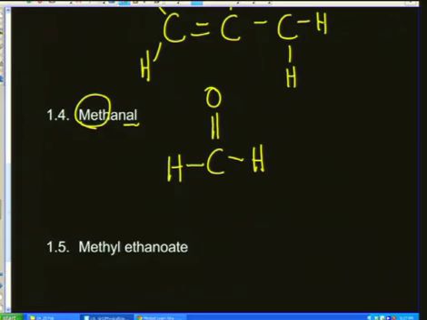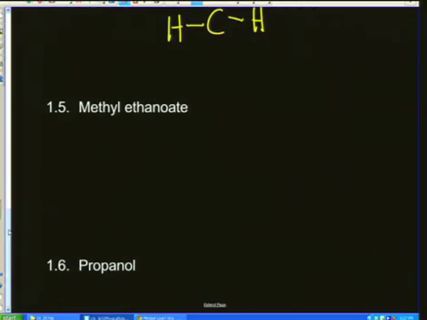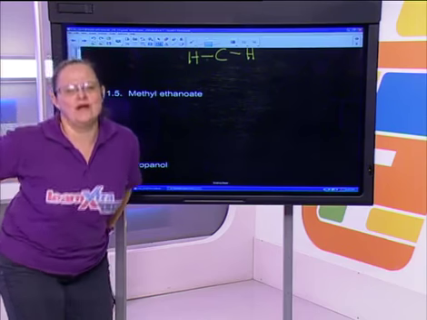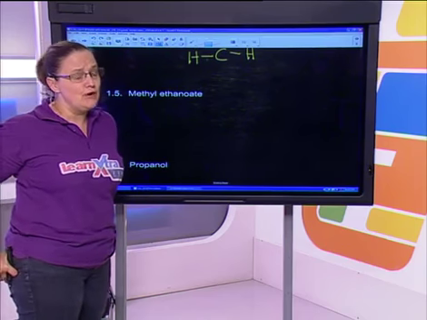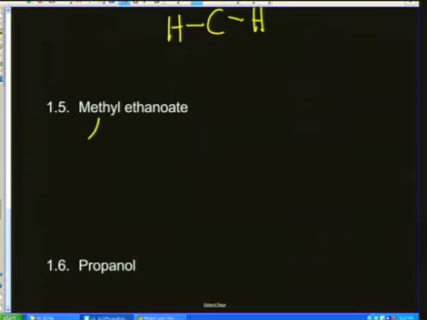Ooh, look here. Methyl ethanoate. Oh boy. This is an ester. Esters are wonderful things because their names are really easy and the way they're drawn. The methyl comes from the alcohol that made it, which means this comes from methanol.